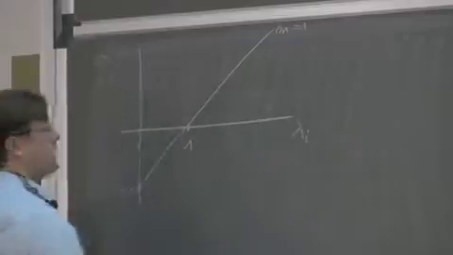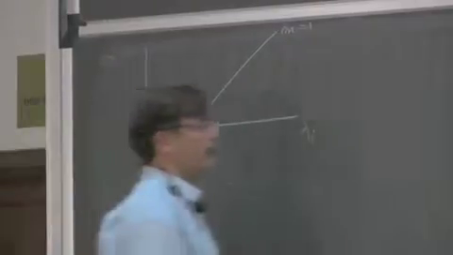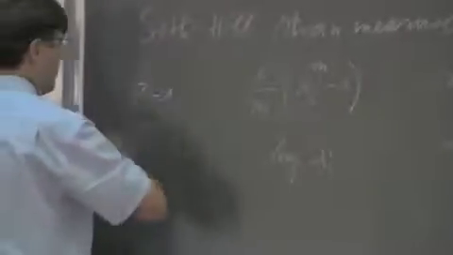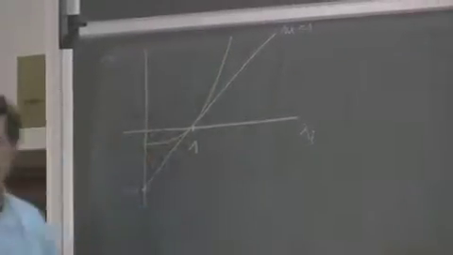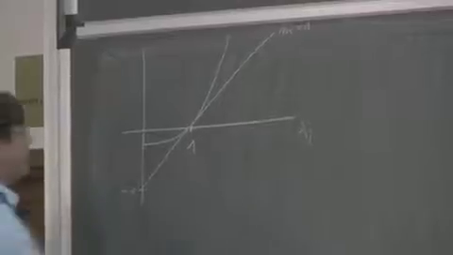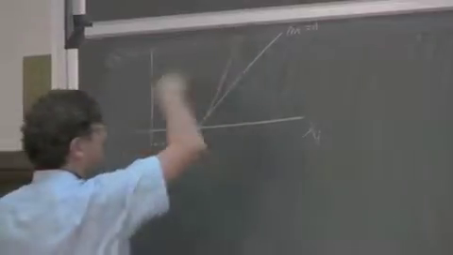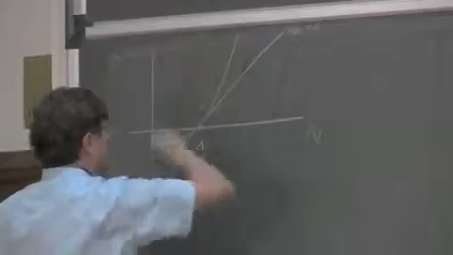Then you have m equals 2, you have lambda squared minus 1. You are getting this kind of behavior. If you have a higher exponent, it's getting steeper.